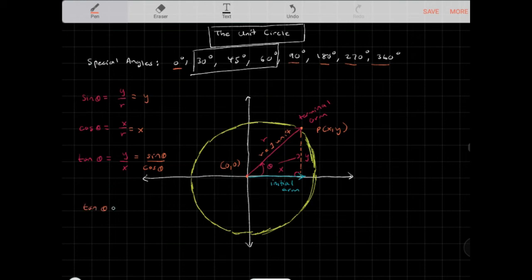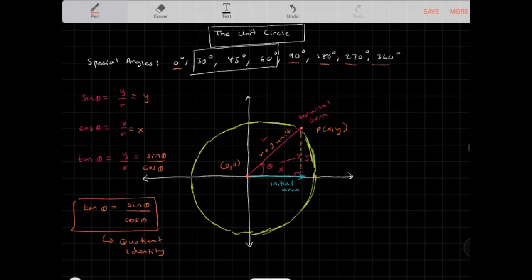This is actually a really important identity that you're going to be using a lot later on. This is the quotient identity, right? Basically tan of any angle theta is equal to sine of that angle divided by cos of that angle. Okay, so keep that in mind.